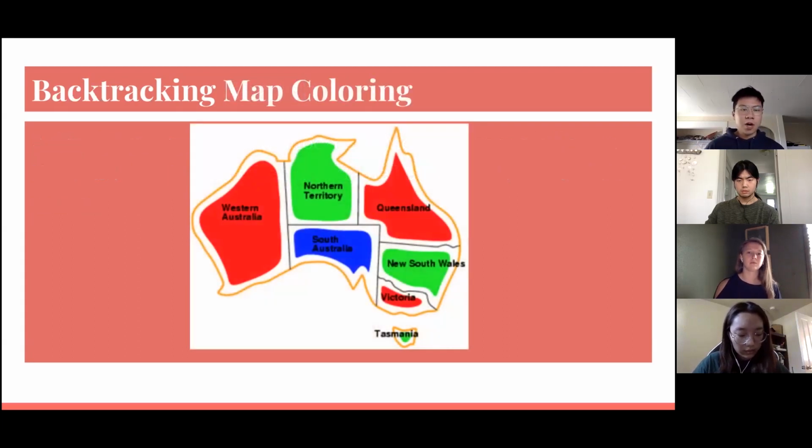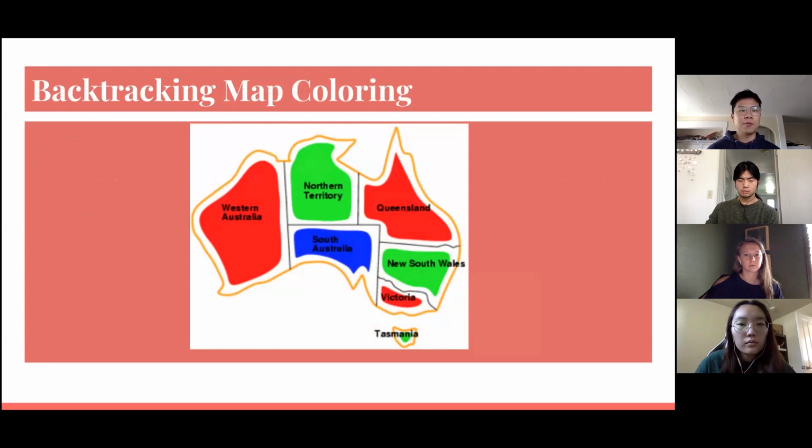The problem is the map coloring problem. For this problem, we are trying to assign a color to each region in this map, and no two regions next to each other can have the same color. To assign colors, we need a starting point.